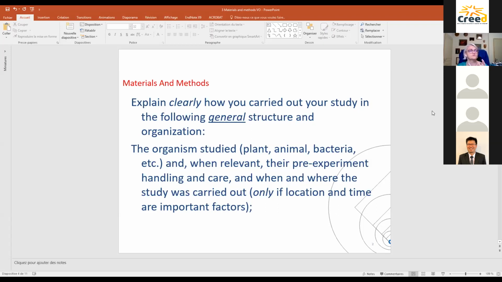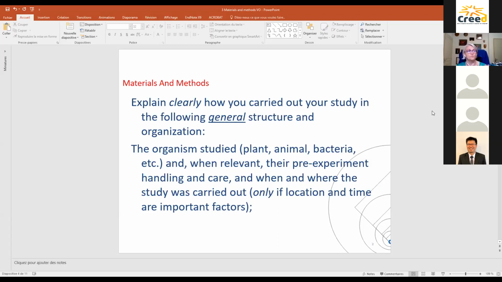Now this is for data papers, but you can also apply these ideas to other types of articles. So you would talk about what organism you studied, if it's relevant, and how they were treated.